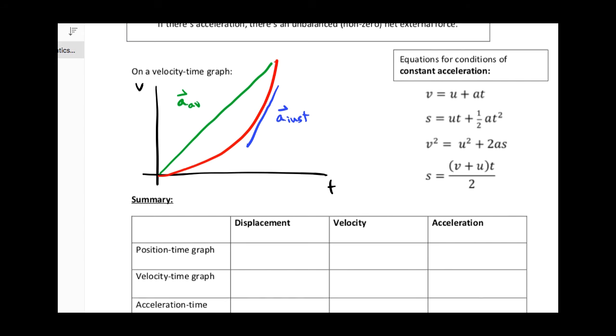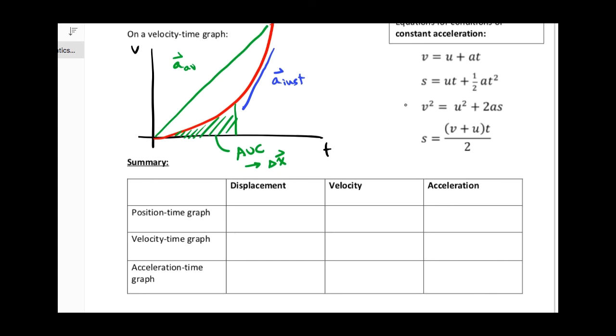We also can find the area under this curve, and I'm going to write AUC for area under the curve. The area under the curve of a velocity time graph gives me the change in position, or the displacement. We'll come back to these in a second.